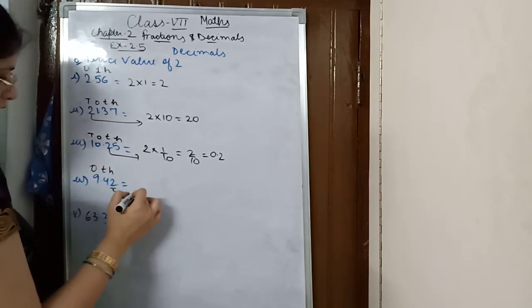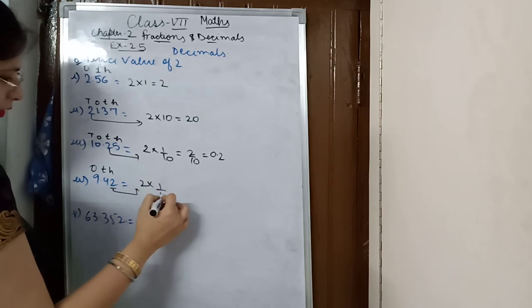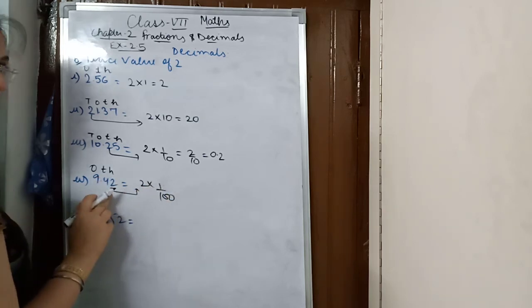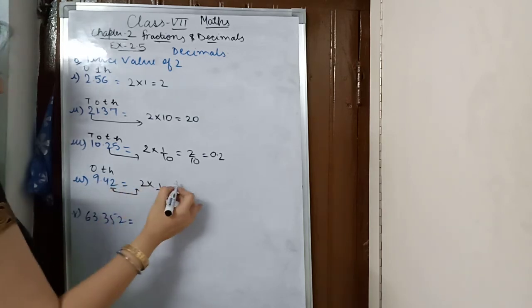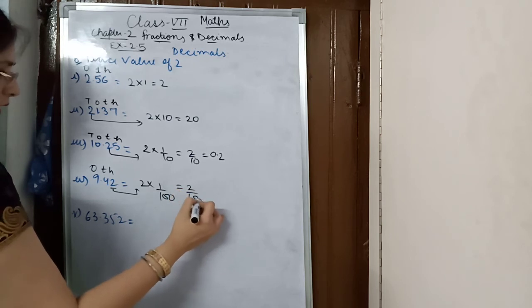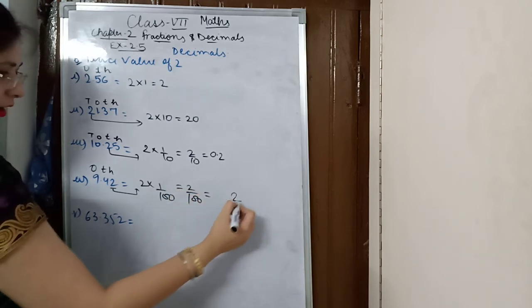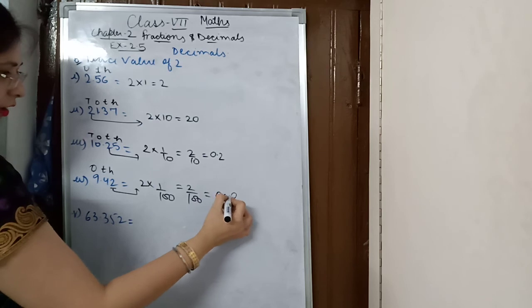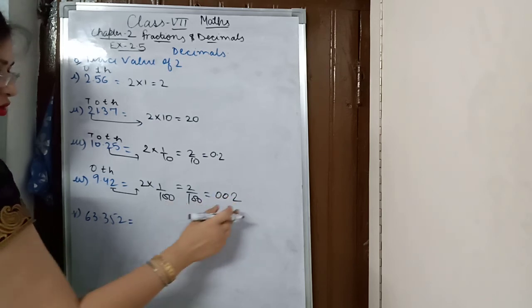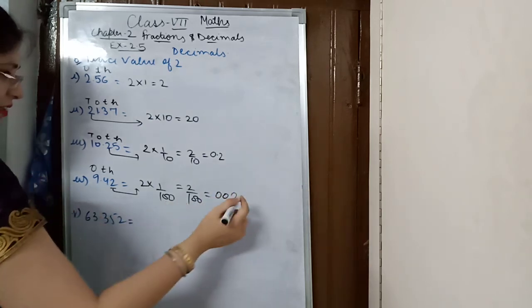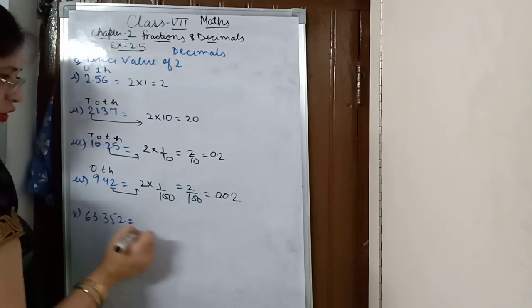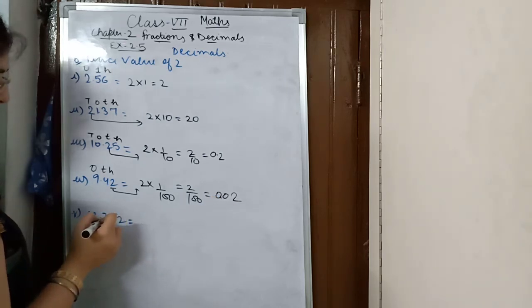Place value of 2 is 2 into 1 upon 100, this is at 100th position. So 2 upon 100, that means you will write 2 here, put 0 0 here. How many zeros are there? 2 zeros. So put decimal before 2 digits from the right side. 0.02 is the place value.